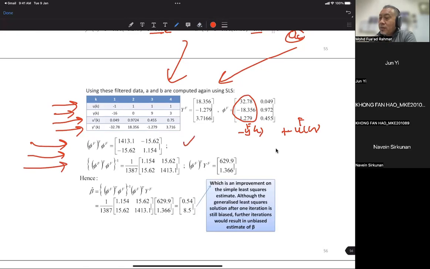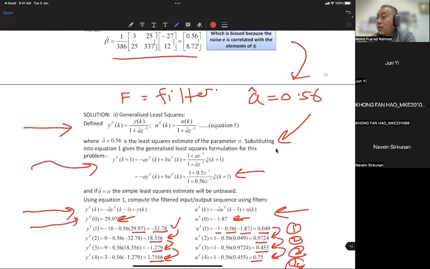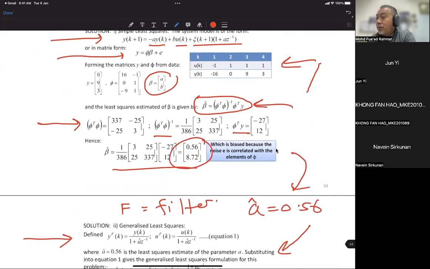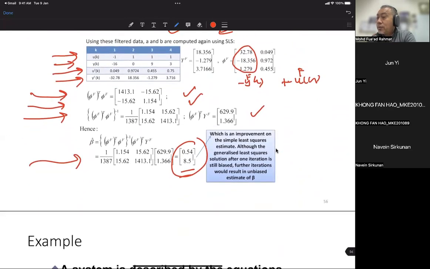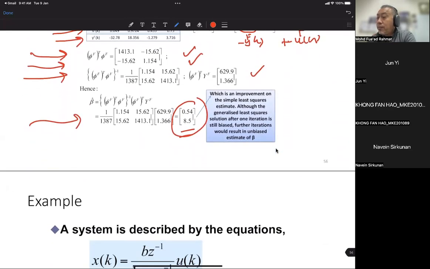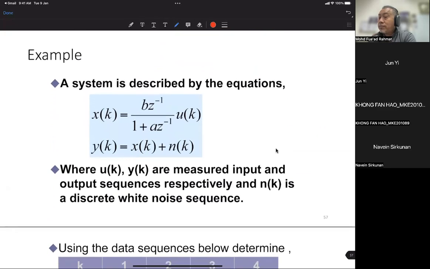Same thing: inverse of theta filtering transpose theta filtering, then theta filtering transpose YF, multiplied all, and you will get 0.54 and 8.55, which is an improvement from the simple least square estimates. The non-filtering one is 0.56 and 8.72, so the filtering least square gives a much better result.